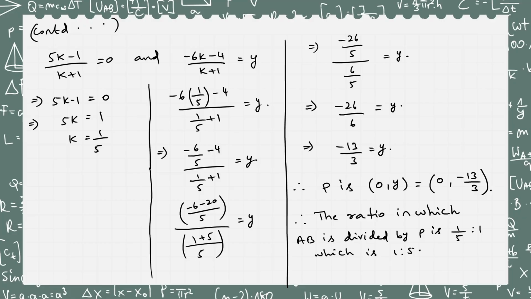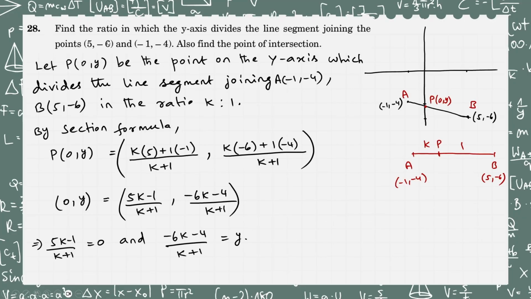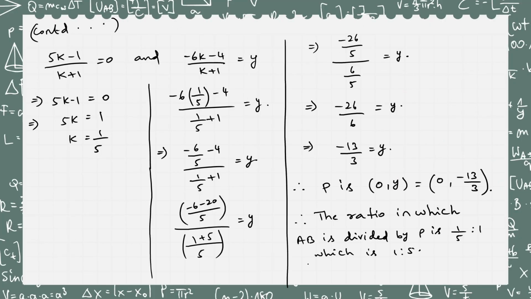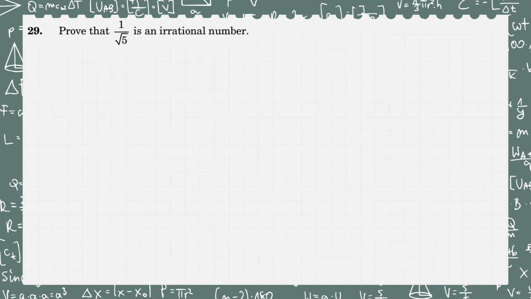But the ratio which they are asking is in which ratio BA is divided, right? So we just have to reverse it and write. Therefore, BA is divided by P in the 5 is to 1 ratio. Not 1 is to 5, the other way, 5 is to 1 ratio. So that's the answer. Let's move on to the next sum.